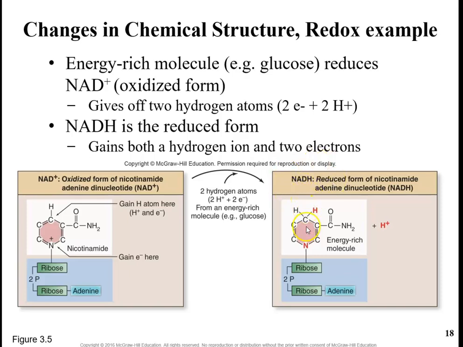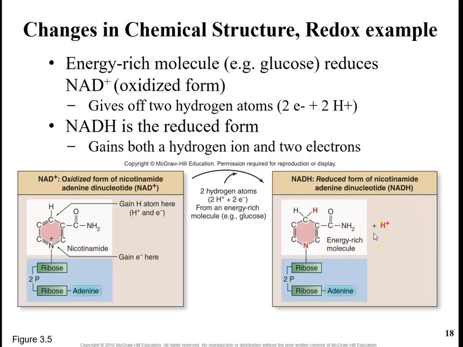And you can see the change in the bonds here. So NAD plus gains an electron here, and it also gains a hydrogen atom here. So looking on this side, you can see the hydrogen atom here, and you can see the electron here because this positive charge has disappeared.